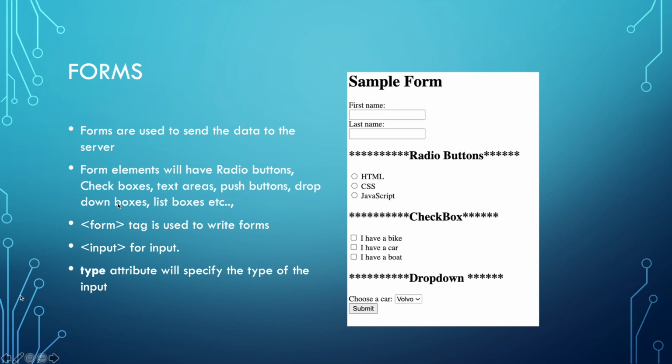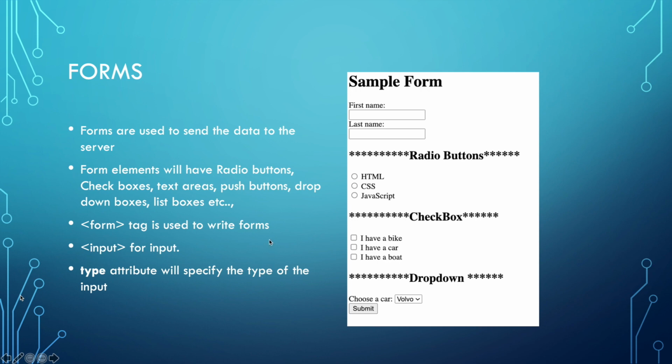To create a form, we use a form tag, and inside the form we need to have some input elements like text box, radio button, checkboxes. You have seen that when you select a radio button, you can select only one option, whereas with checkboxes you can select multiple options. The type attribute specifies the type of input.